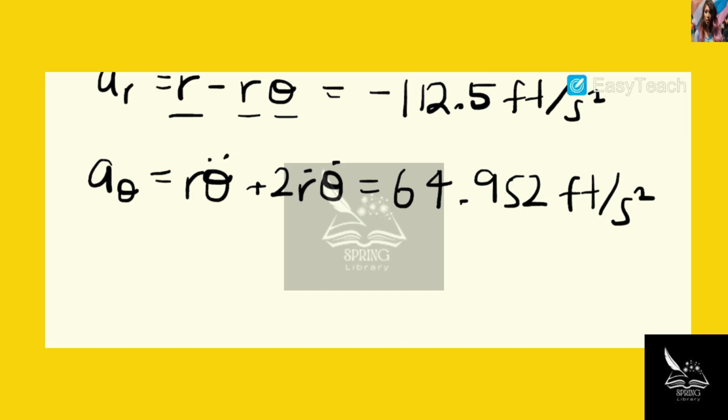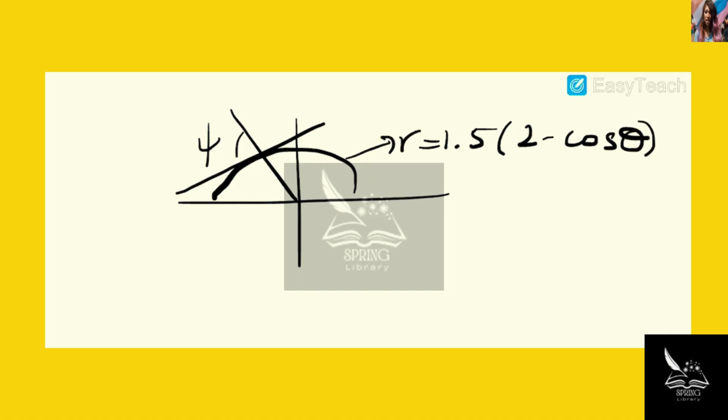Next, we're going to do our equations of motion. First, we're going to define another angle, psi, such that here's our plane and here's our path. Psi is the angle between the tangent to the curve and r. So that's this angle here. And this is r, which is equal to 1.5 times 2 minus cosine theta.